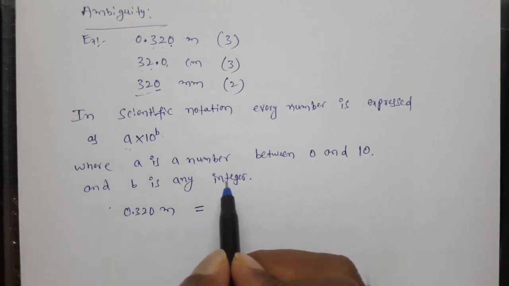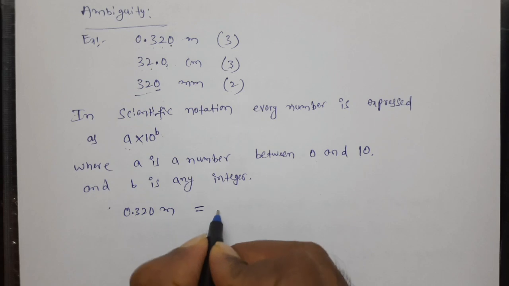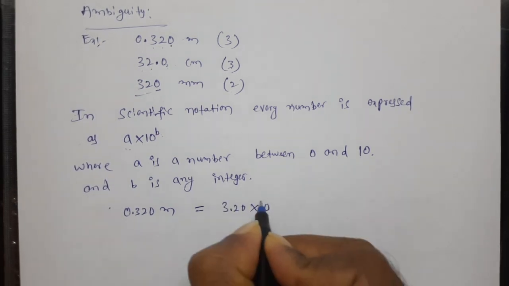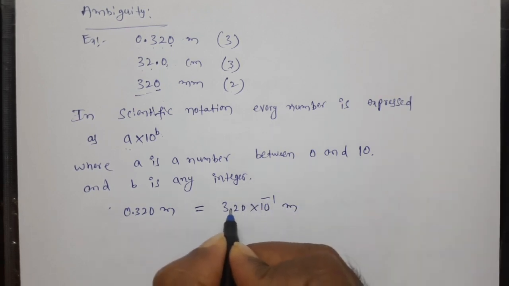Integer means it may be 0 or any positive number and any negative number without decimal. So we write 3.20 into 10 power minus 1 meters.